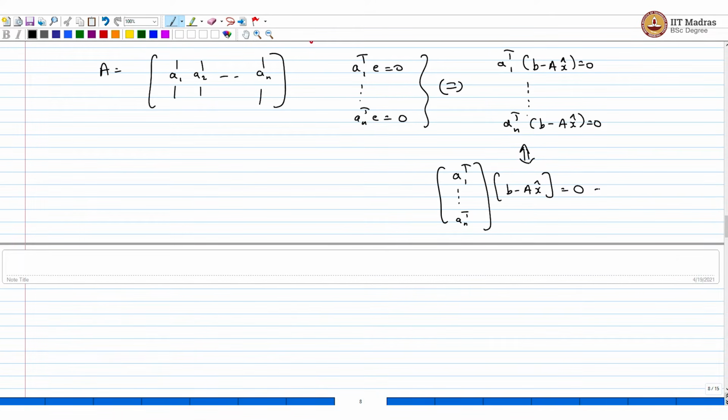This final thing leads to A transpose A x hat equals A transpose b.